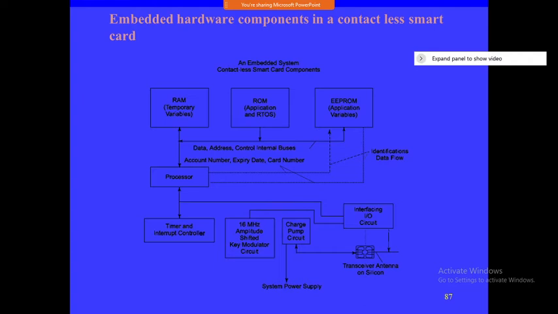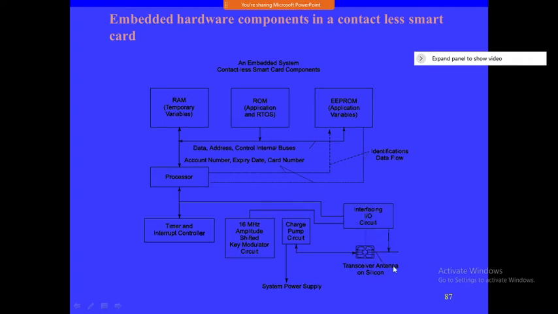Next, we need the 16 megahertz amplitude shift key modulator circuit for sending and receiving the signals. Next is the charge pump circuit for giving the power supply to the transceiver antenna. Here an interface IO circuit is there, interfacing to the system.